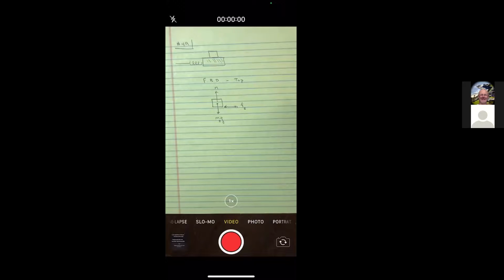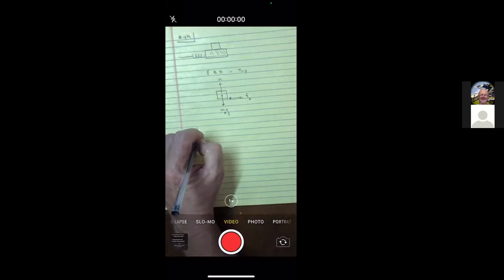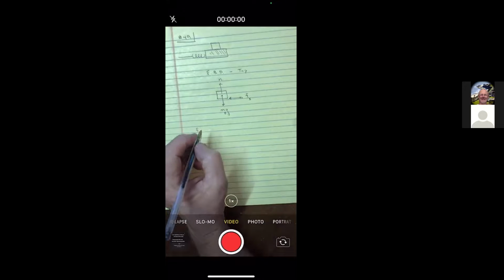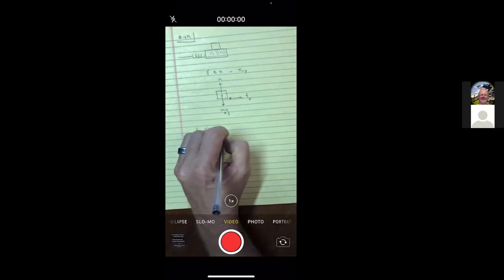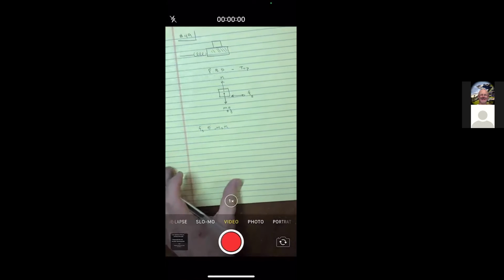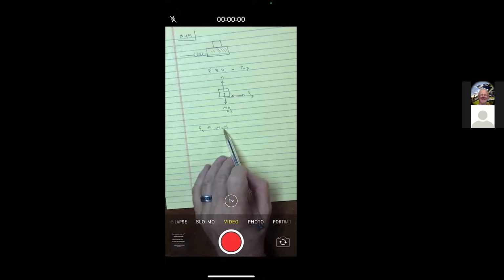Okay, so let's review static friction. Static friction is an inequality.